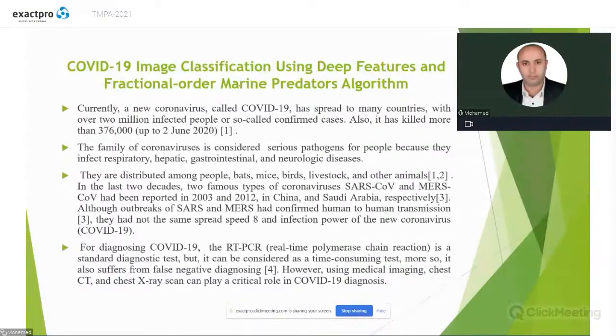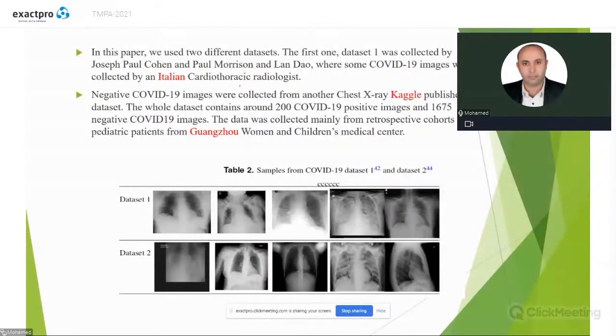So we're using image classification or image processing to determine if the case has COVID or not. In our technique here, we combined deep learning and meta-heuristic techniques. First of all, we're using two datasets only. One of them is from Italy and another one from China.